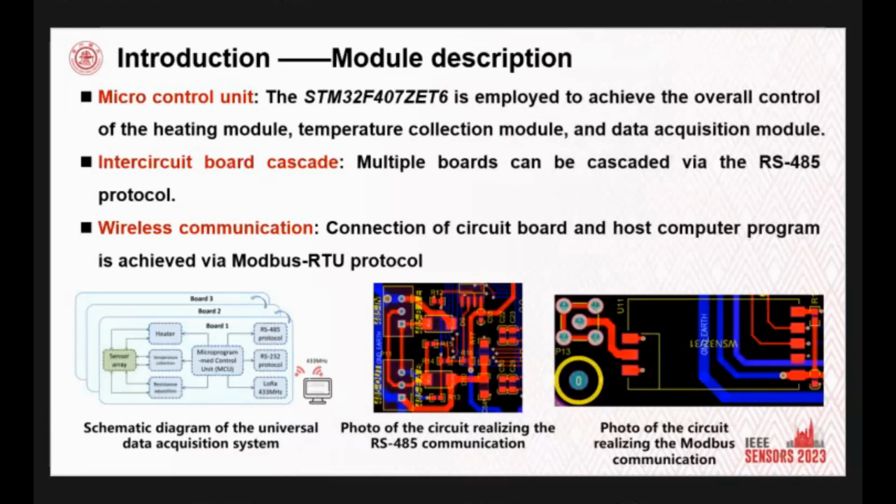The RS-485 protocol is employed to achieve the cascade of different boards, so many boards can be tested simultaneously. The system can construct the communication with host computer software. The schematic of the system, the photo of the circuit realizing the RS-485 and the Modbus modules are shown below.